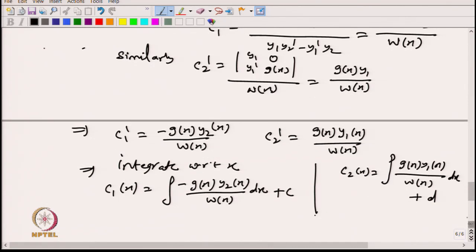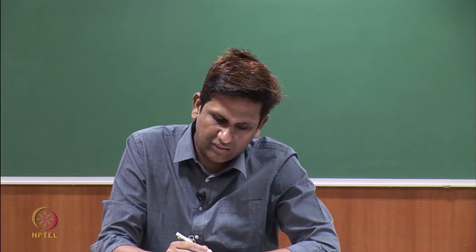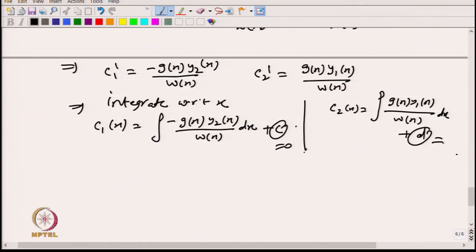Now, in this case I need the solution, only one solution is needed. So, I will take this as 0 and this as 0. So, from here I will get my C1(x) equal to minus integral of G(x) y2(x) over W(x) dx, because G(x), y2(x) and W(x) are known to me.